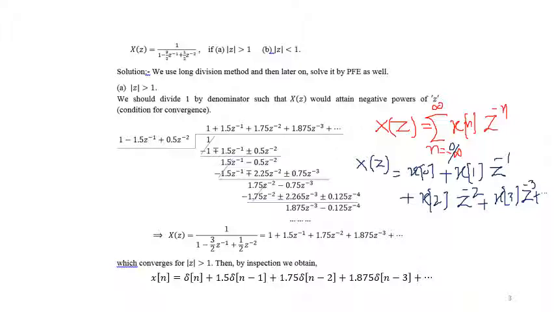So by just comparing coefficients, we can tell that x of 0 equals 1, x of 1 equals 1.5, x of 2 equals 1.75, 1.87, and so on.